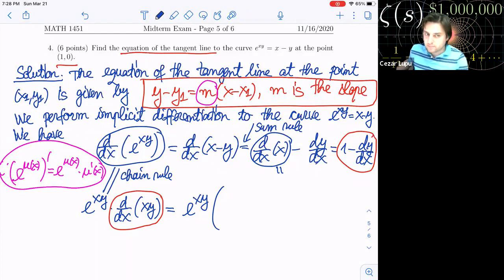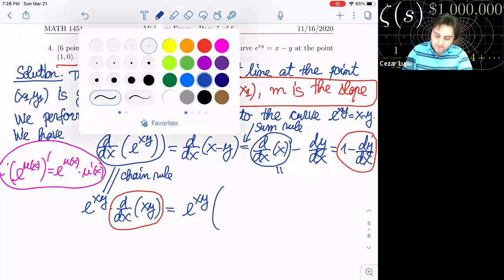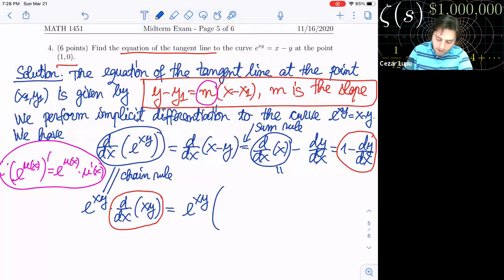Power rule? Come on, what is that? And inside, what is this guy here? X times y is what? It's a product. So we use the product rule, exactly.